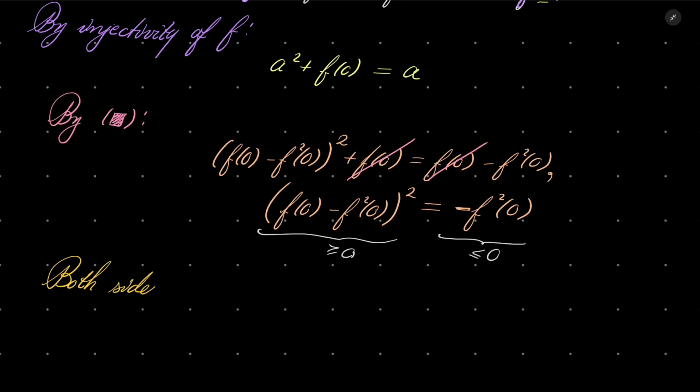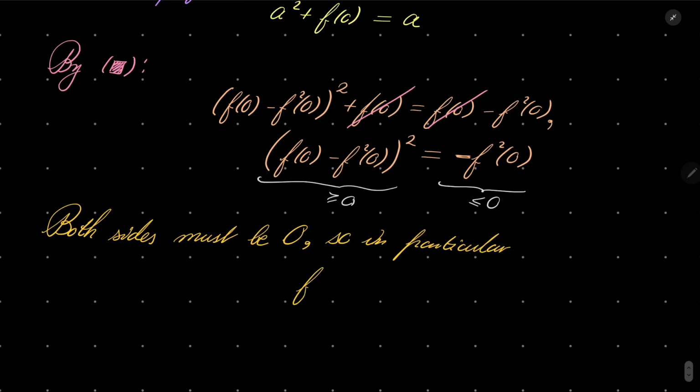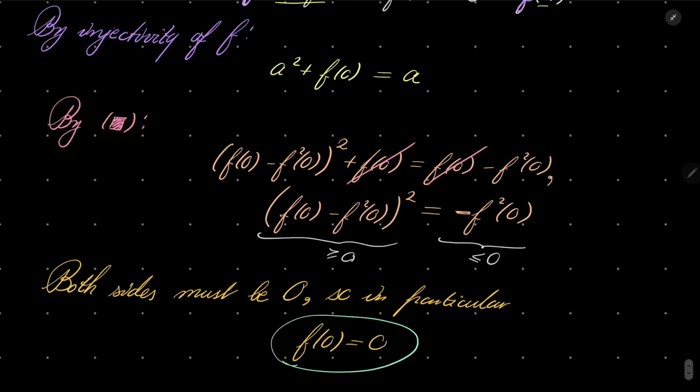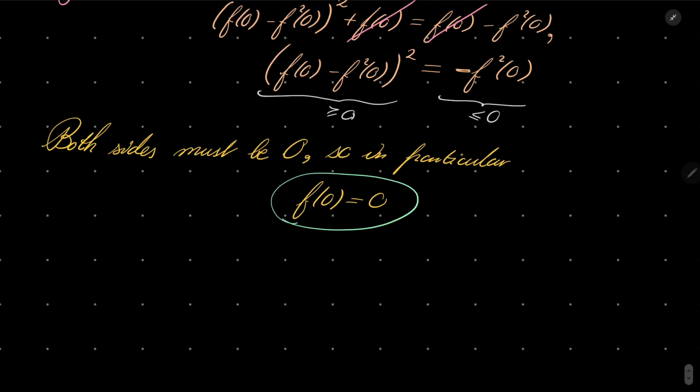So in particular, f of 0 equals 0. Oh, all right, so now we know that f of 0 equals 0, and it is very, very important that actually this number a is actually 0. Very nice. And using that, we can set some new things.